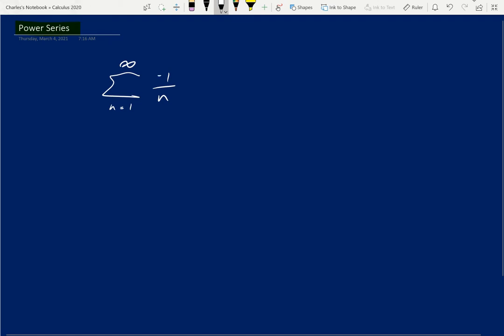We also should know at this point that if I make it into an alternating series, then that is convergent, right? Because if it alternates, as long as the sequence goes to 0, that means the series converges.